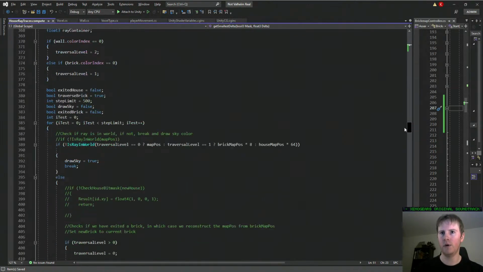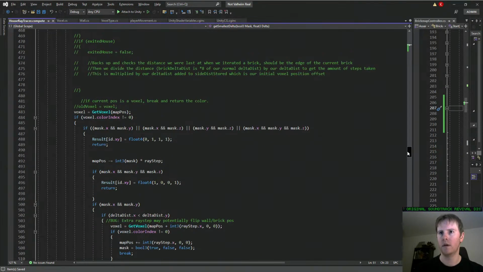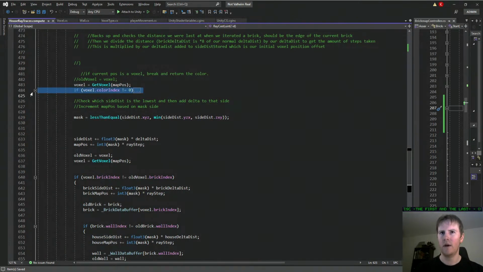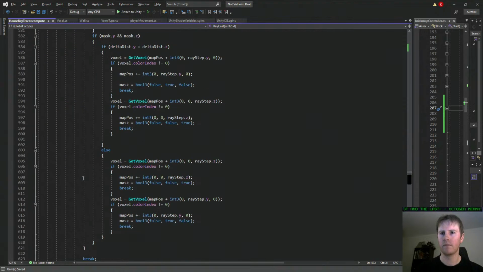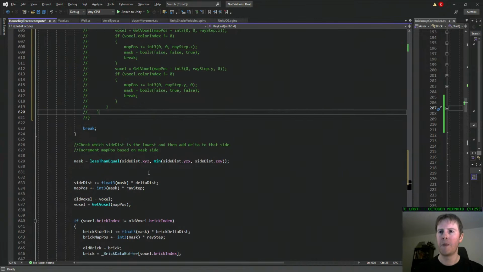And then we have to go to wherever we get a mask. Here. Well, anywhere really. No, this should actually be commented out so we can judge how it works.